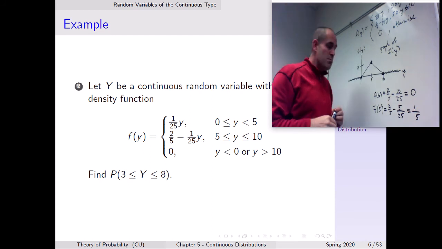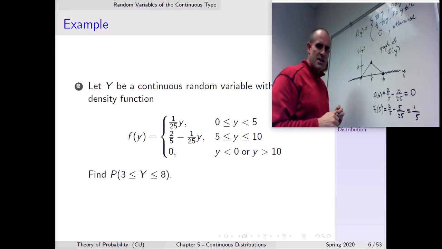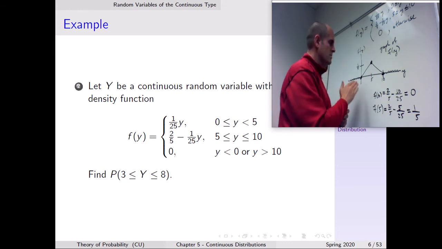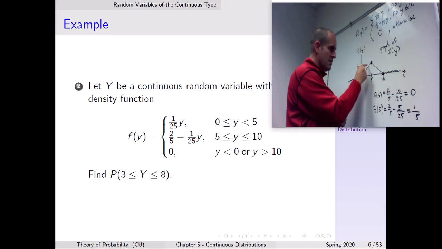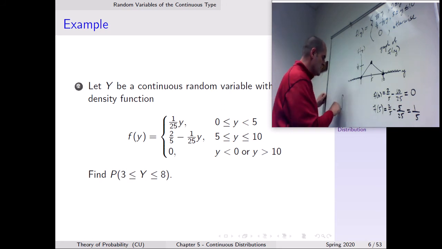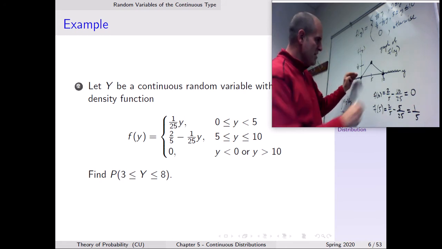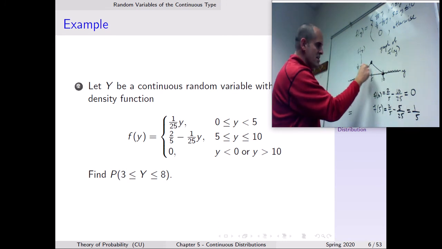Why is the area under this curve 1? If I were to integrate this, I would be finding the area under this curve. The integral from negative infinity to infinity of f of y dy: I'm going to get nothing outside of 0 to 10, and all the area is right here.